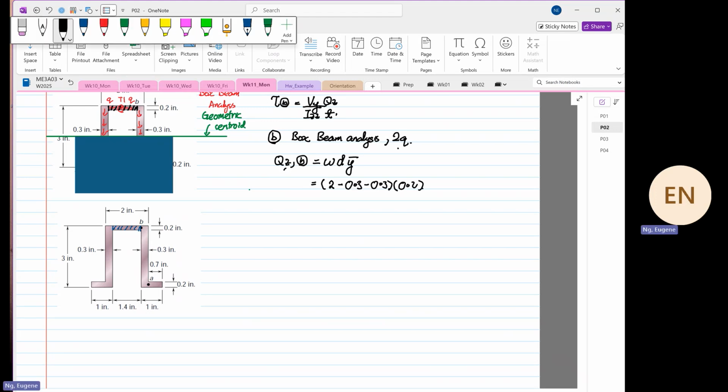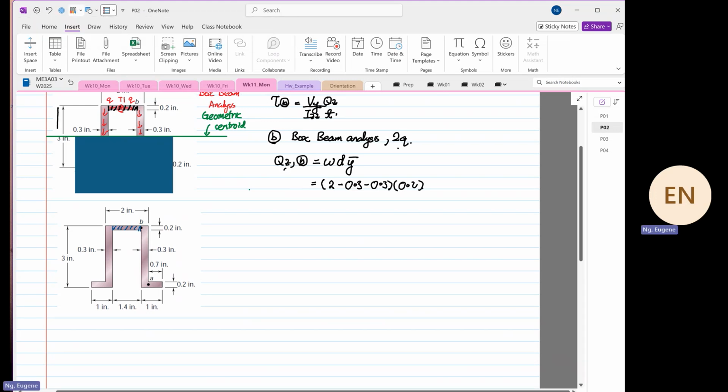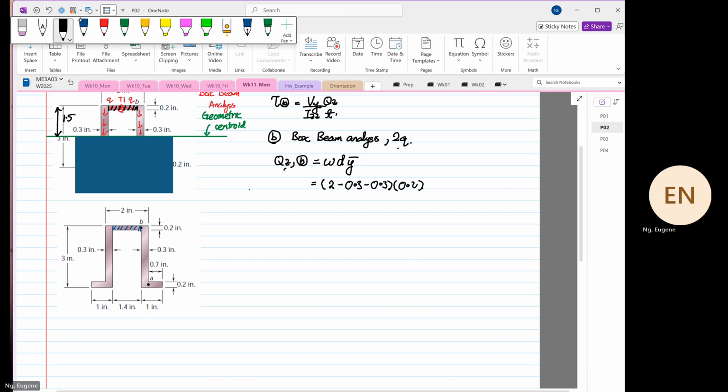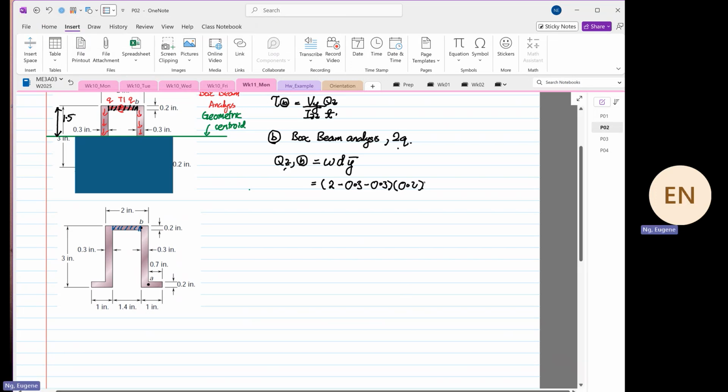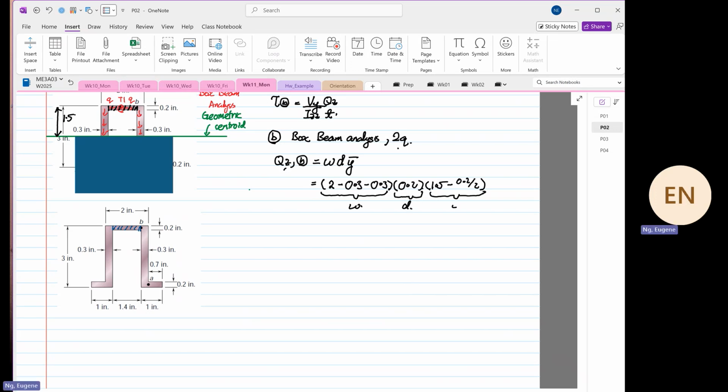Now, the geometric centroid is given to us: this distance from here to here is 1.5. So the outcome we get is 1.5 minus 0.2 divided by 2. So to write this down, this is your width. This is your depth. This is your y bar.